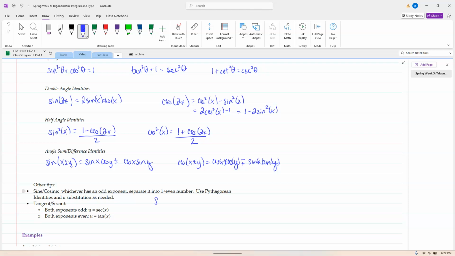So for example, if we had sine to the 5th of x and then cosine squared x, we would separate this into sine of x, so that'd be the 1, and then sine to the 4th x, and then cosine squared x. And certainly we could do u substitution with this, though we would need to convert sine to the 4th over, and then our u would be cosine.